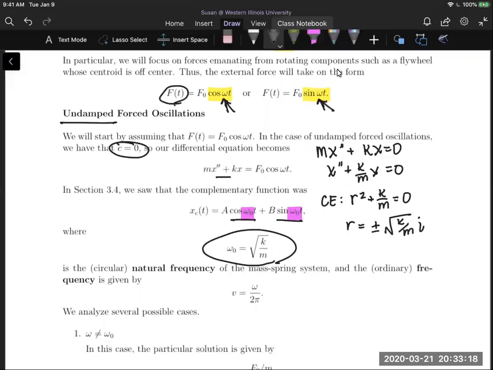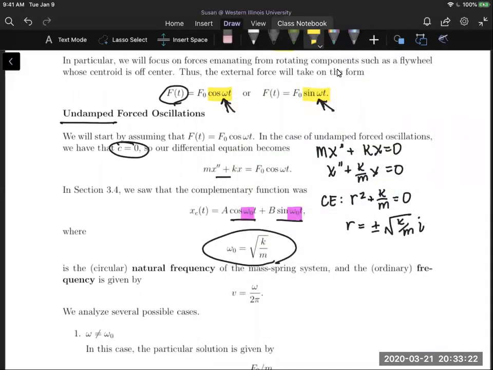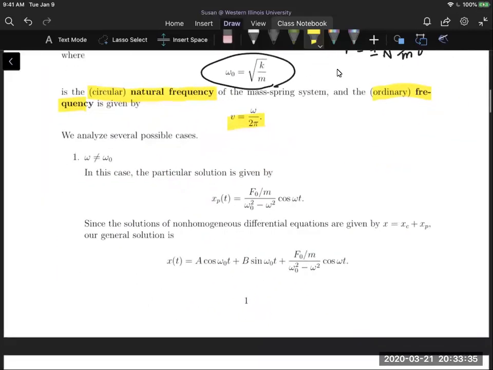All right, so this omega naught has its own name. It's called the circular or natural frequency of the system. And then if you divide through by 2 pi, we call that the ordinary frequency. So if you see those terms pop up, now you're aware.